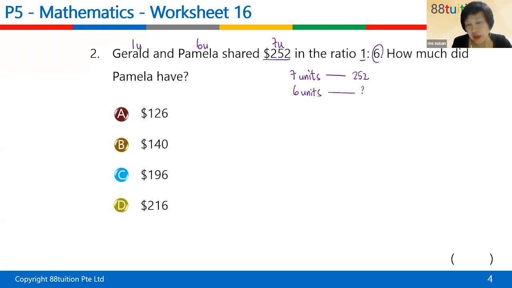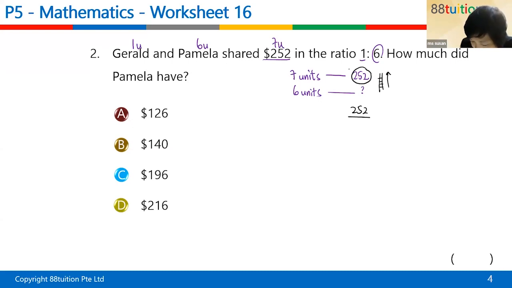For those students who are new, I want to introduce you to one of the methods. We call it the overhead bridge. How does it work? It comes with 2 columns. Here are the units. The other column is the value, and you have a question mark that you need to find. With the question mark, you always climb the escalator up, get this number, and then you see 252.